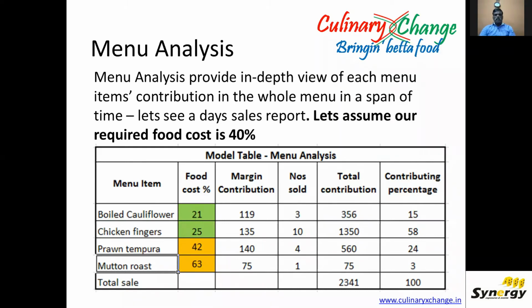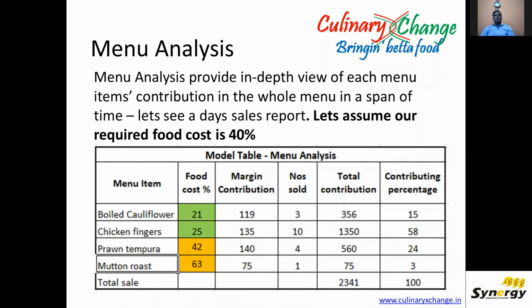Next, we have a chicken finger. Chicken finger's individual contribution is 135 per portion. It has sold around 10 numbers and it contributed 1350 rupees, and its percentage of contribution is 58%. Then we have prawn tempura.